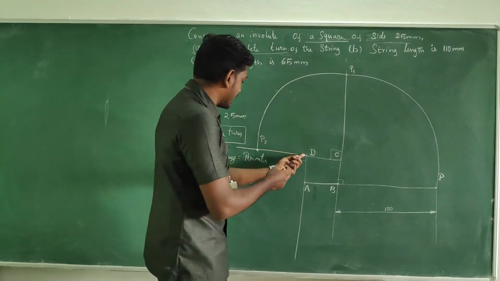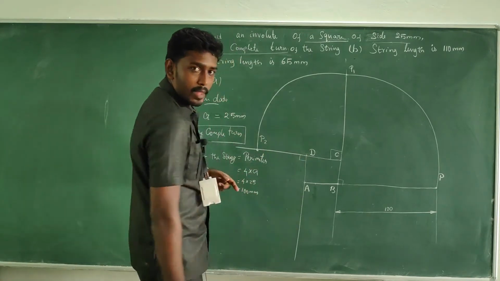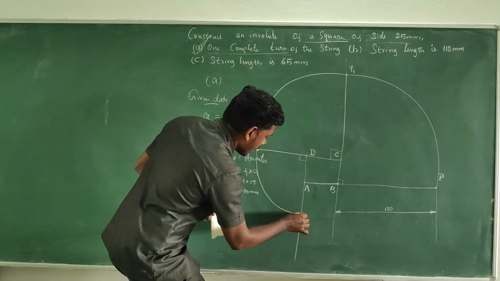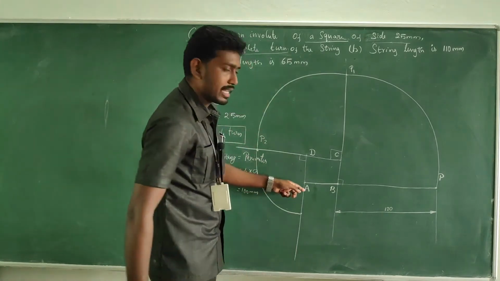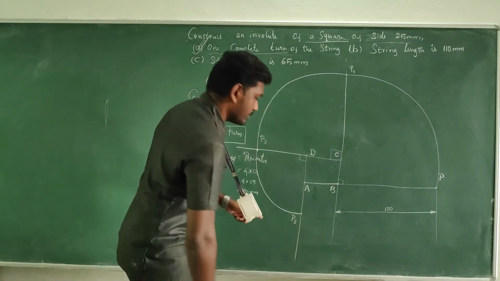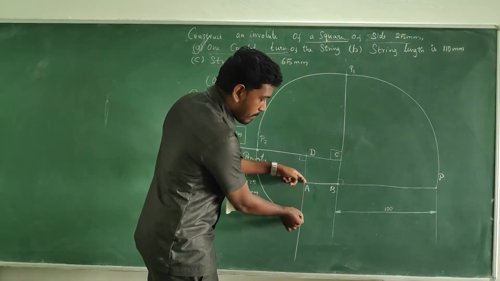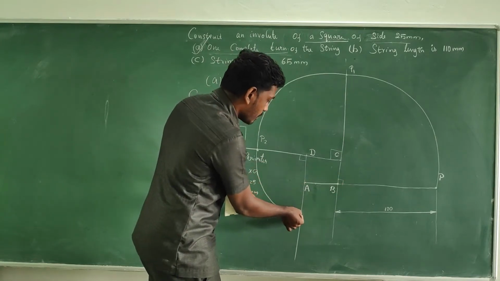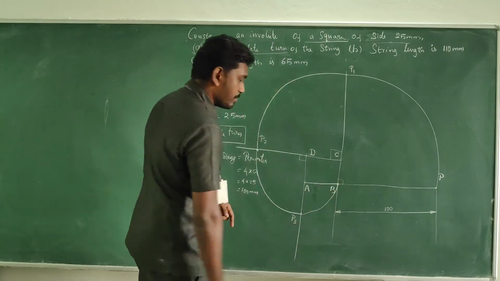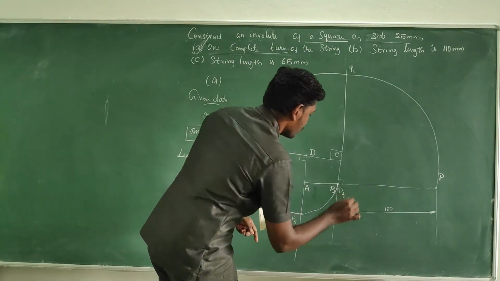Next, measure D to P2 and draw an arc till it intersects the line coming from A. It is P3. Same, measure A to P3 and draw an arc. It completes at the point B. This is our P4.